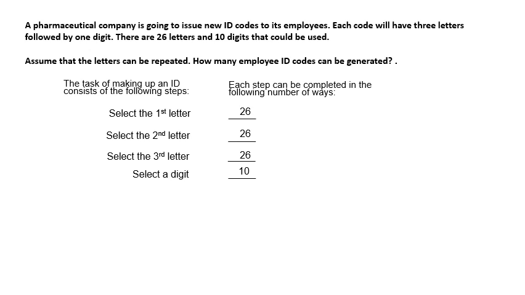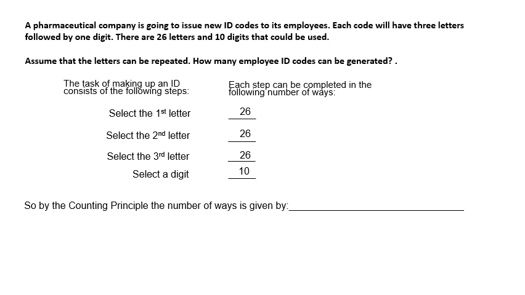Now, I want to point something out here, and I'm going to point it out after I give you the answer. So by the counting principle, the number of ways is given by the product of these four numbers, 175,760.